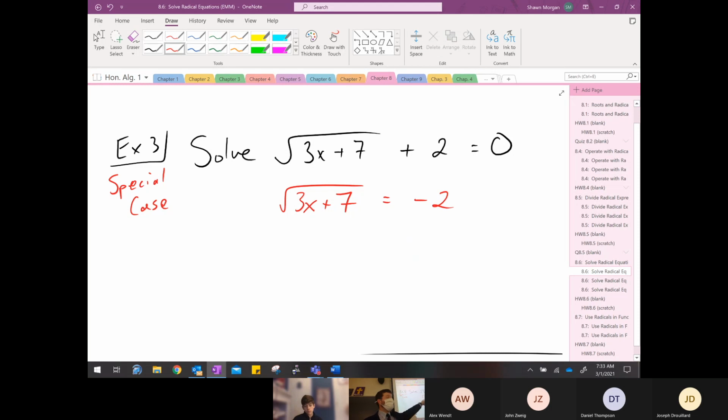And yet, I've got an equation that says otherwise. So this equation is hogwash, balderdash. It is nonsense. There's no such number that I could plug in here to make the radical equal a negative number. So we're going to say no solution here.